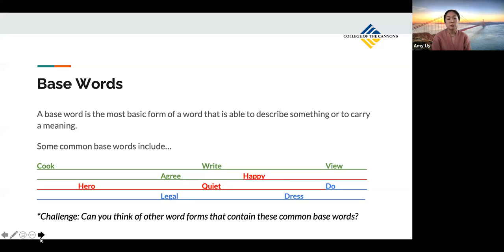Cook, right, view, agree, happy, hero, quiet, do, legal, dress. Now, can you think of other word forms that contain these common base words?